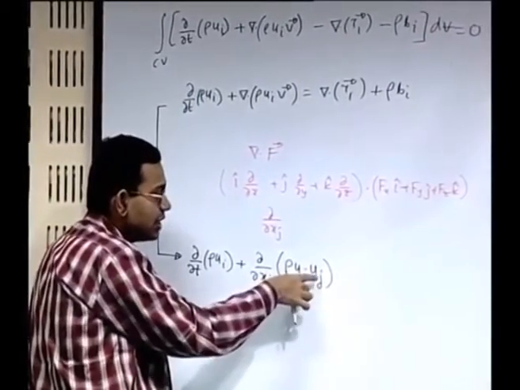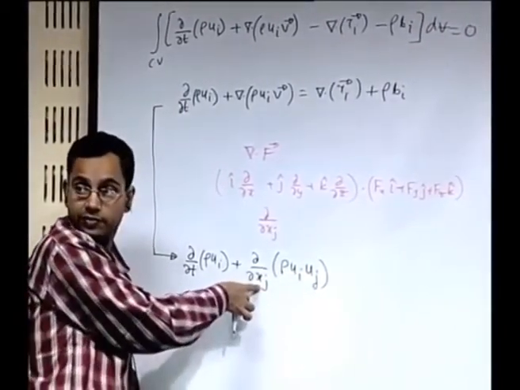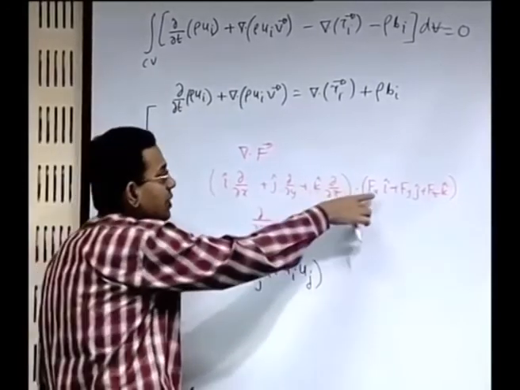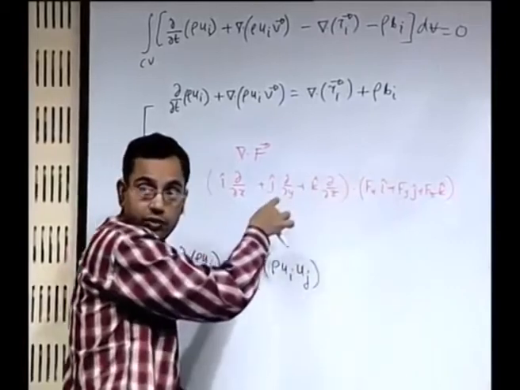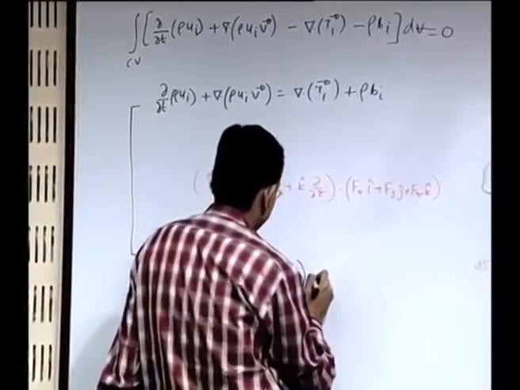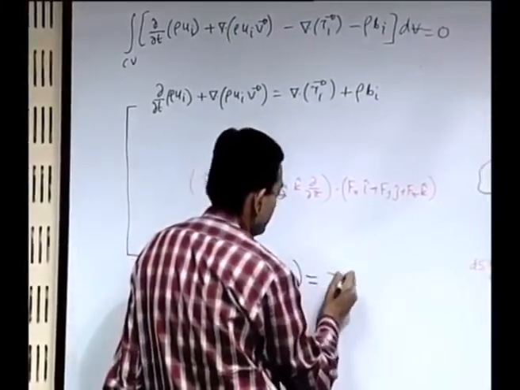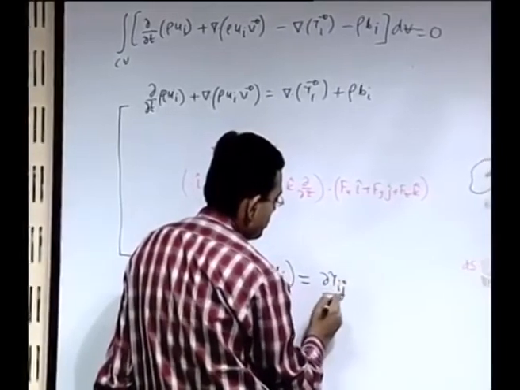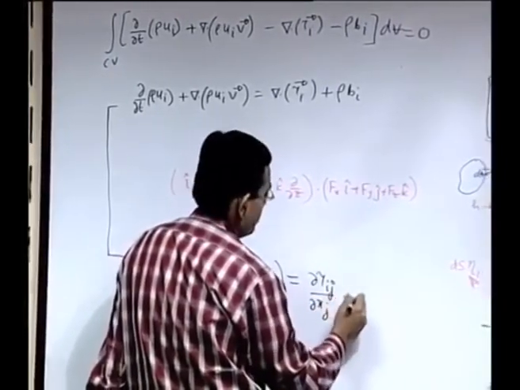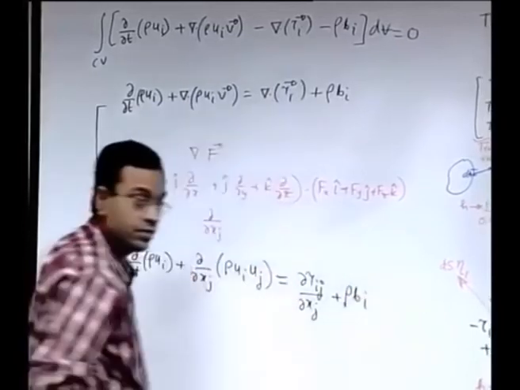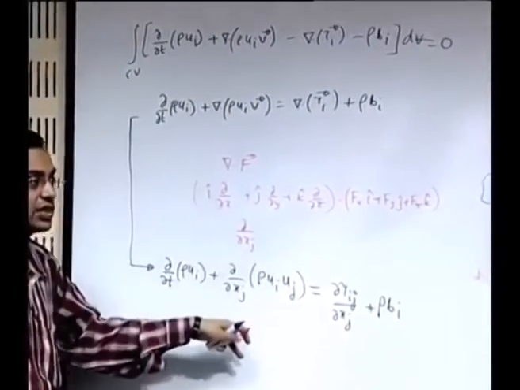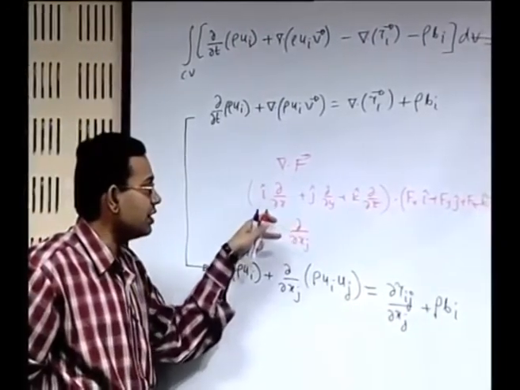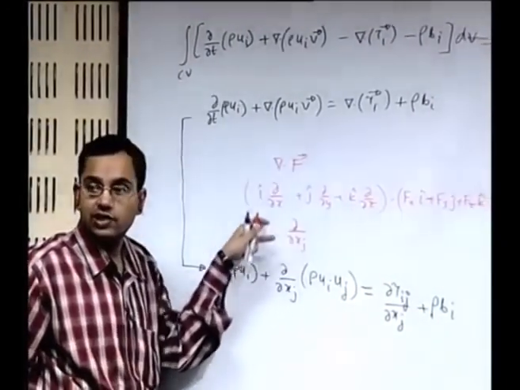So, you are differentiating the jth component with xj, just like you are differentiating the x component with x, y component with y, z component with z. There is no difference between these two, we have just written this using the index notation, considering the divergence operator using the index notation.